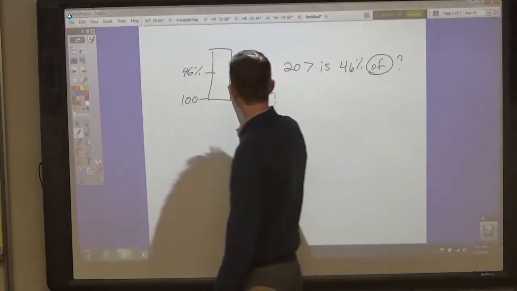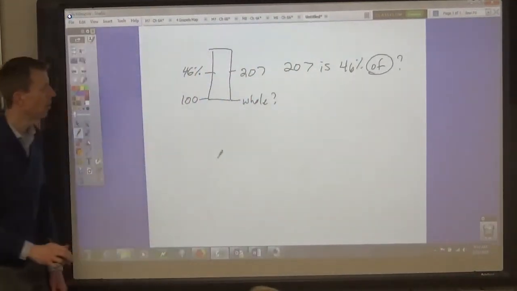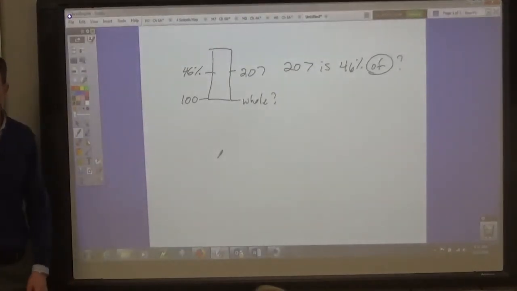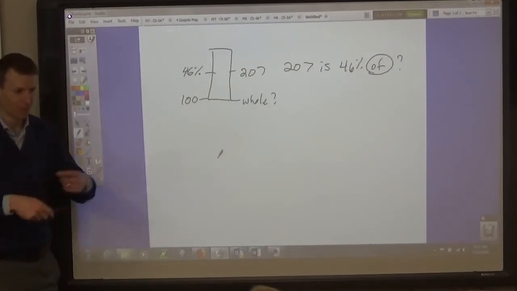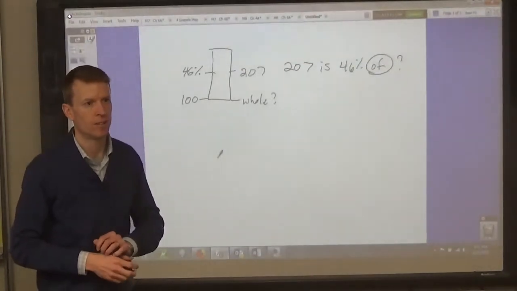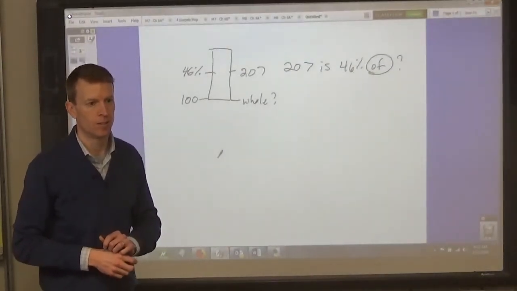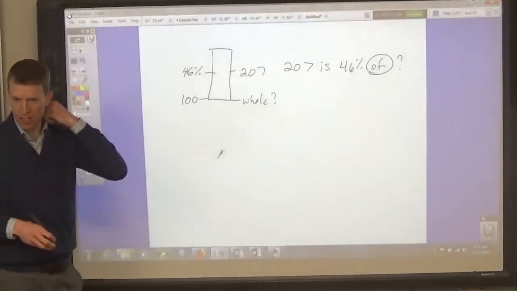And so 207 is the part. So, now write your proportion. Melina, write the proportion. Maya, did you write the proportion? What is the proportion?